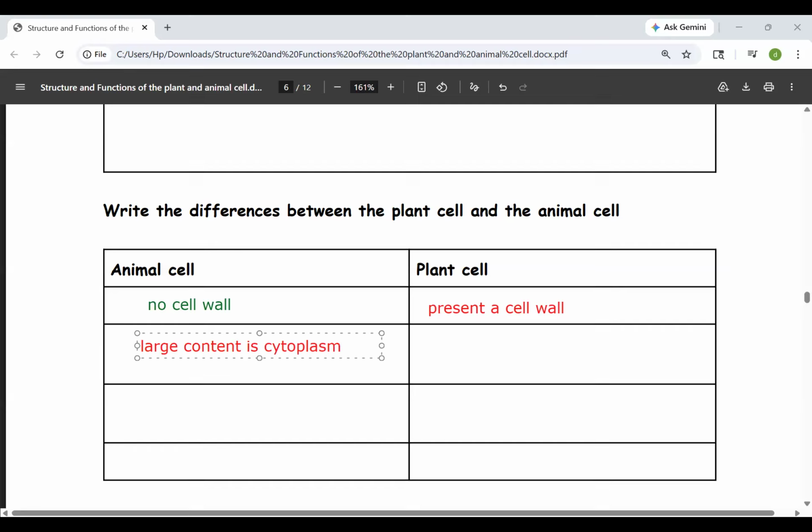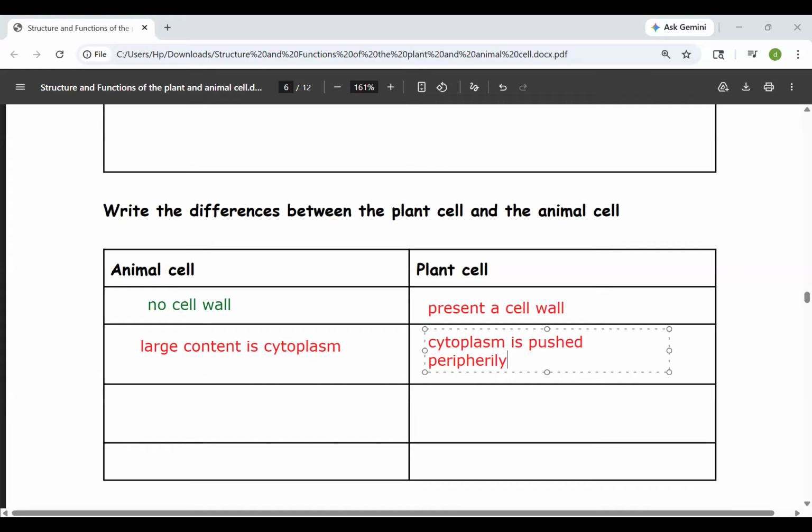Regarding plant cell, they are telling cytoplasm is pushed peripherally. Write cytoplasm is pushed peripherally. What do you mean by peripheral? To a corner, to a side. Peripherally means to a side.